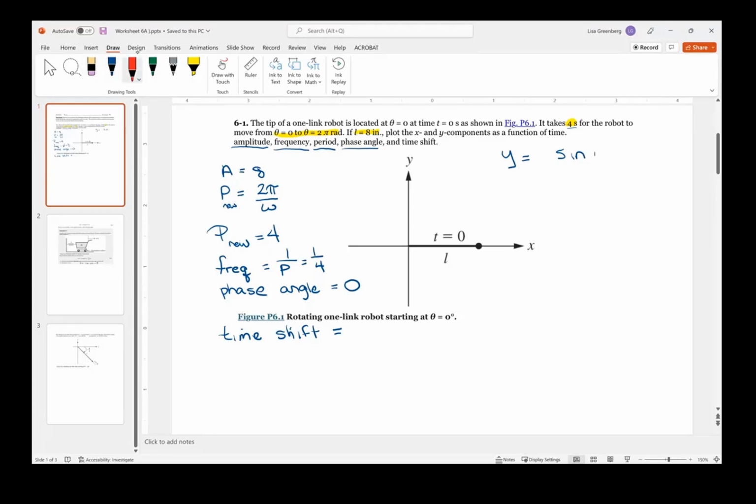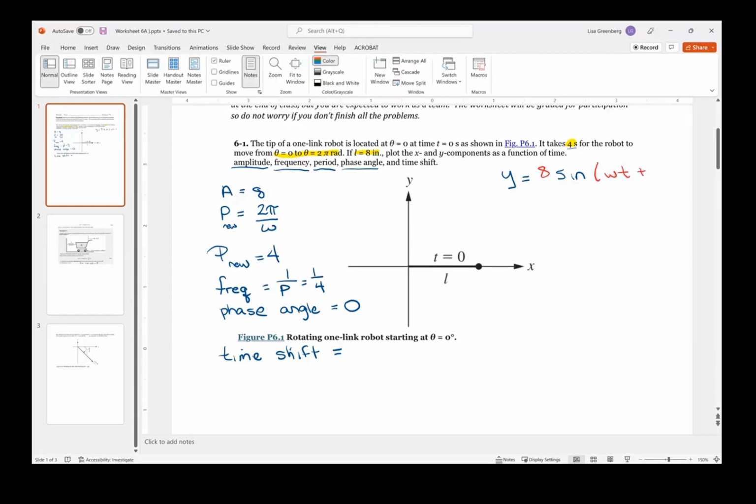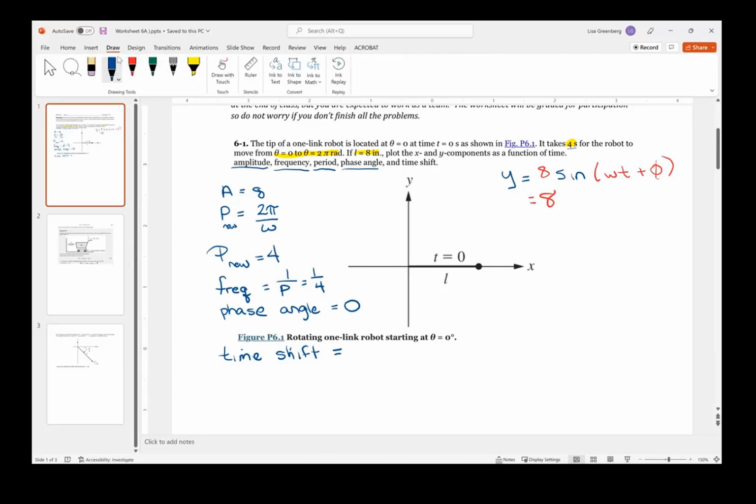Sine. Our amplitude is 8. That goes at the beginning. Then we have omega t plus theta. Well, theta is starting at 0, so that makes this 8 sine of omega t.